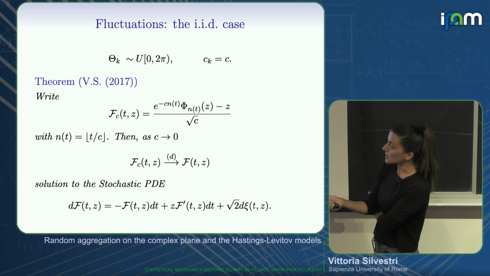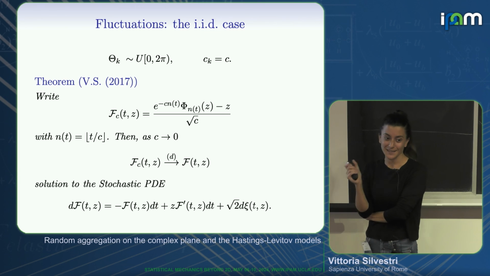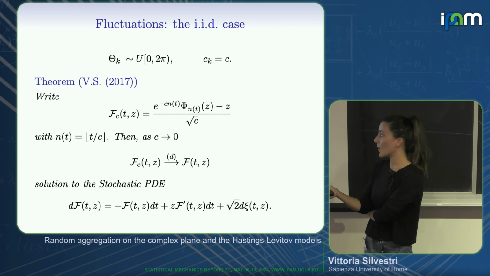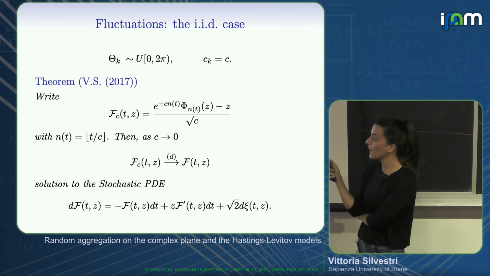Then you can embed your process in continuous time, and this is why T was called T in the previous theorem. So you have arrivals at rate C, and so at time T, you had roughly T over C arrivals.